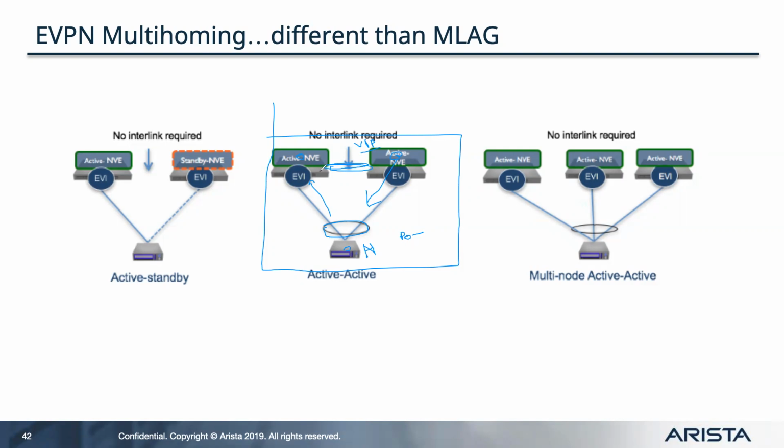Similarly, when this guy sends some packet, you learn the MAC locally, and MLAG will sync that MAC address to this guy and update that port channel 100 has this MAC learned. But now without MLAG, that is also a problem, right?